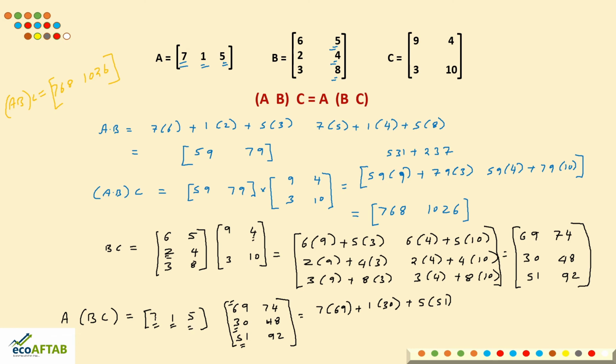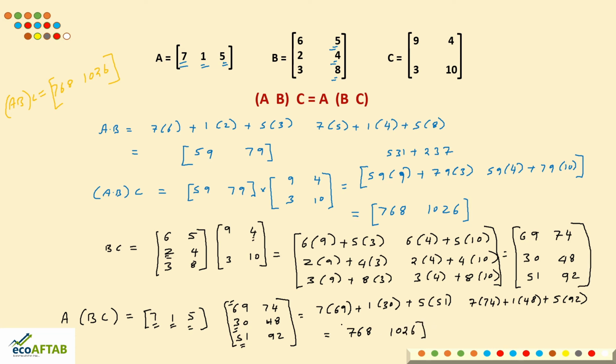Similarly, coming to the next column, 7 multiplied by 74, 1 multiplied by 48, and lastly 5 multiplied by 92. So when we multiply and add it up, what we are going to get is 768 and 1026.